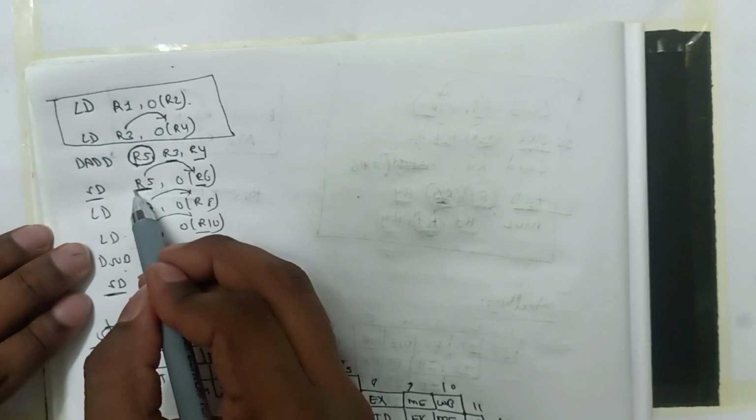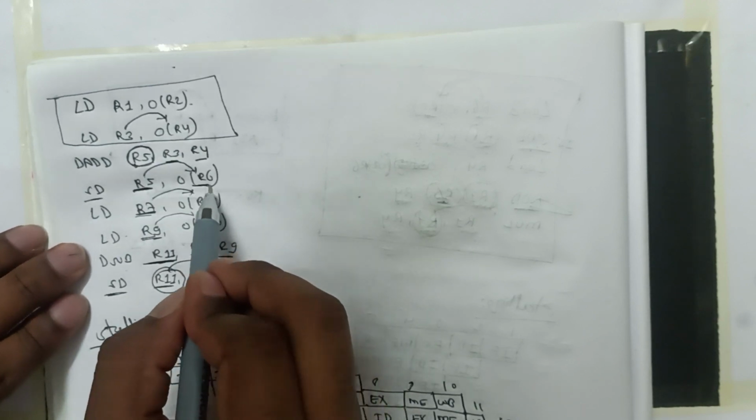See, store the value of R5 into R6. It means we will get the value of R5 from where? From instruction 3 after execution.